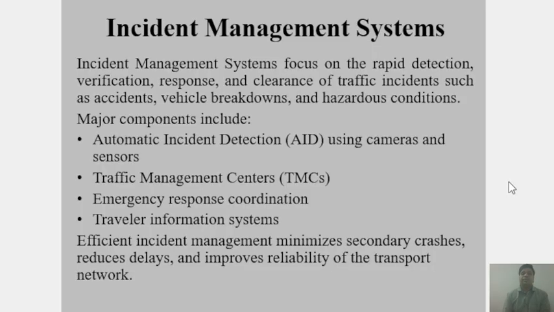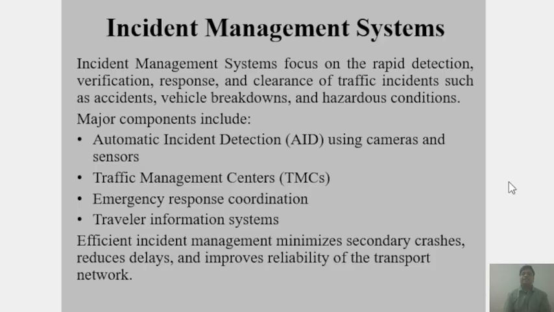The major components include automatic incident detection, which is AID, using cameras as well as sensors, where the monitoring and control is taken by the traffic management centers, emergency response coordination, traveler information systems, and then efficient incident management, which minimizes secondary crashes, reduces delay and improves the reliability of transport networks.